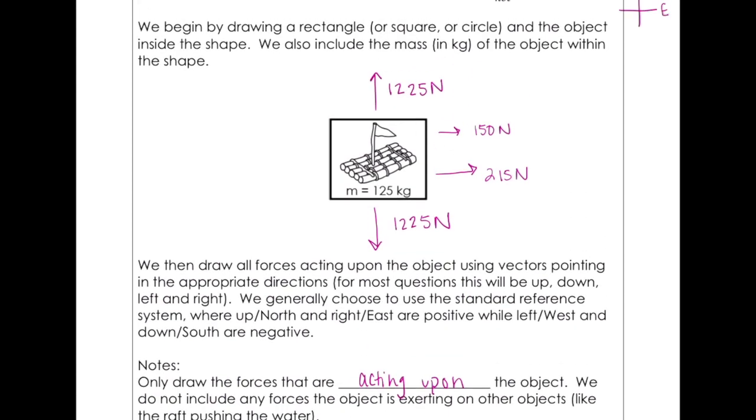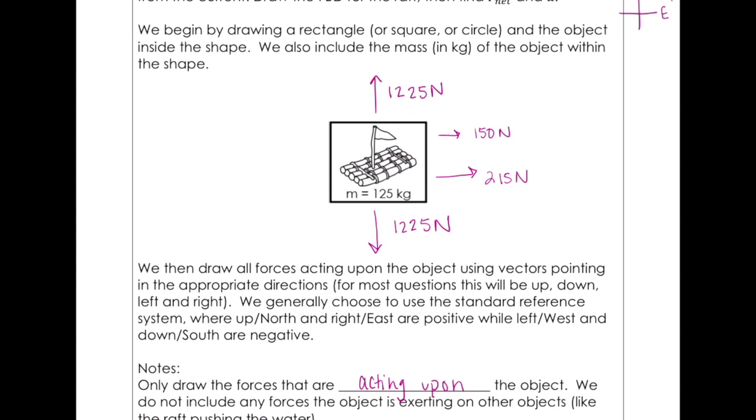You'll see that up here I have that 150 was shorter than the 215, and I tried to make my two arrows going up and down the same size because they're equal in magnitude. It's not vastly important that your arrows are exact, but just make sure you know that they are going to be different sizes based on their magnitude.